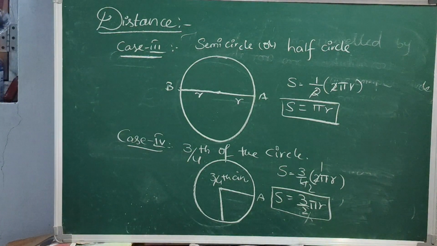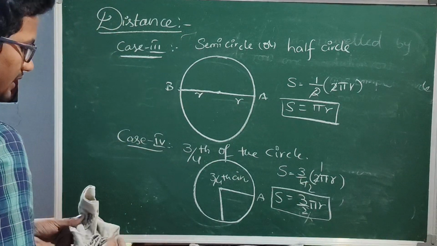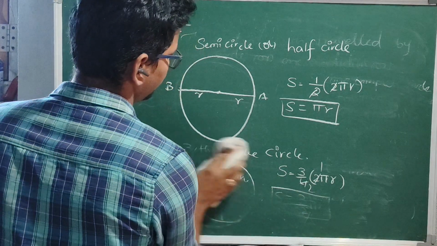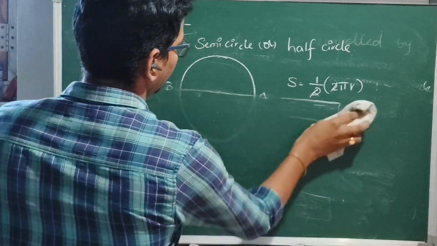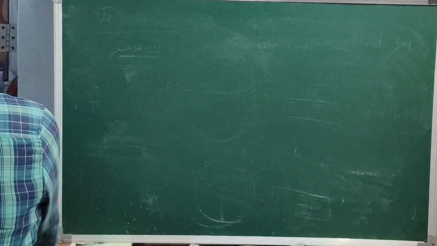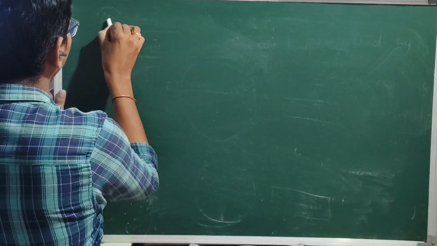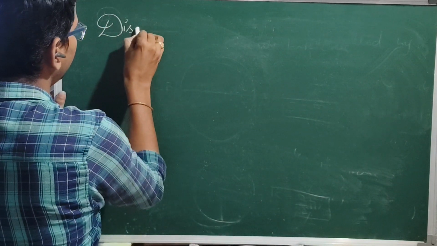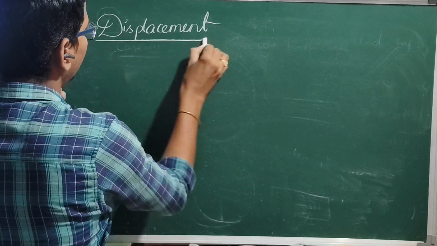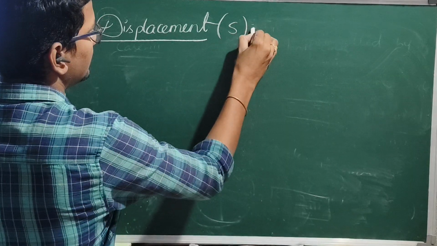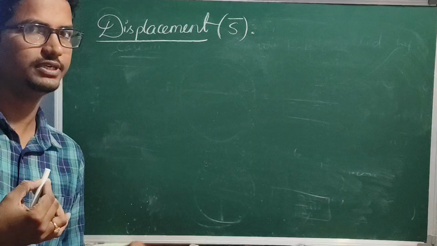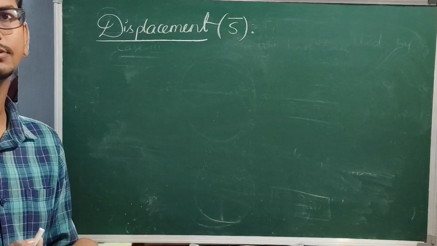Okay, and next one, you want to find the displacement. We can represent displacement as S bar because it is a vector quantity. We can show it with a bar, or an arrow, or a bold letter.